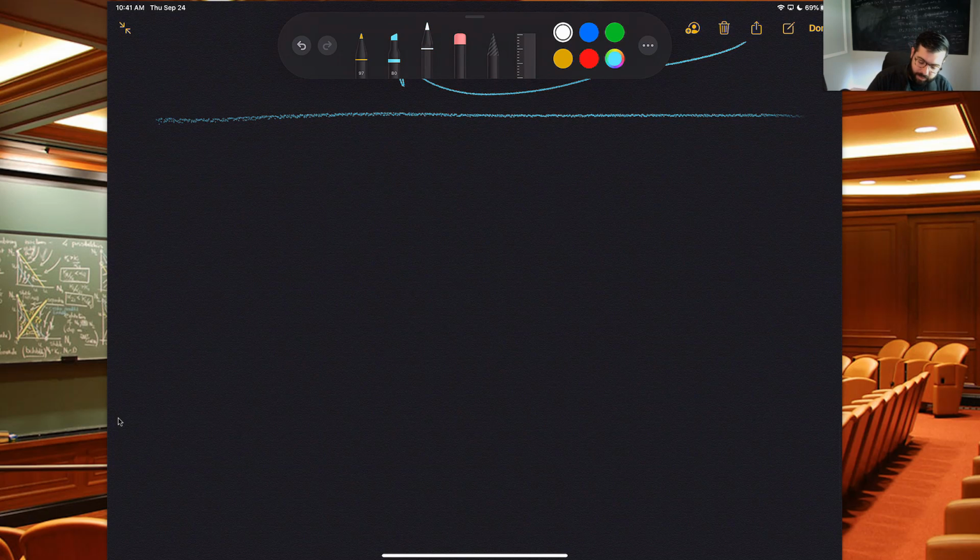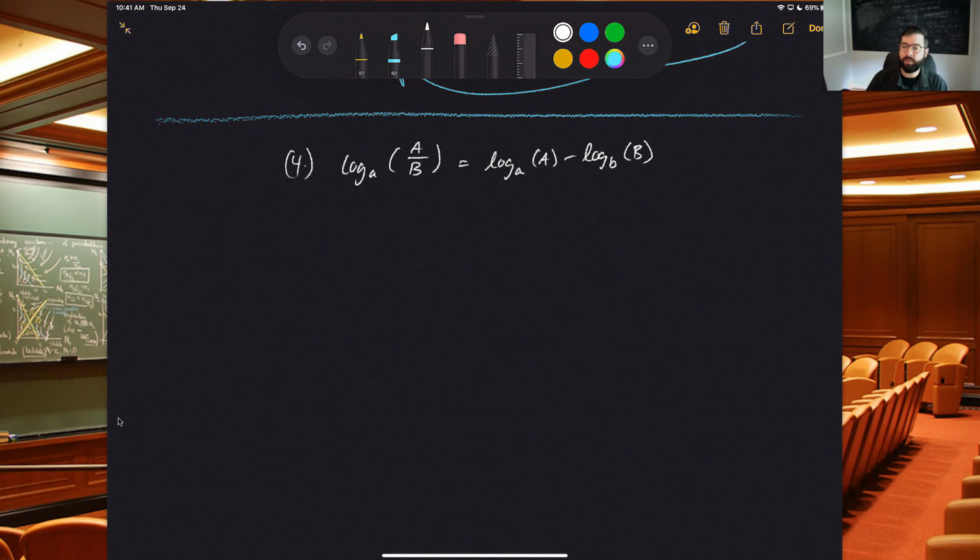All right, and the last one we'll look at for now perhaps is log base A of some quotient is equal to the difference of the logs of each of those.